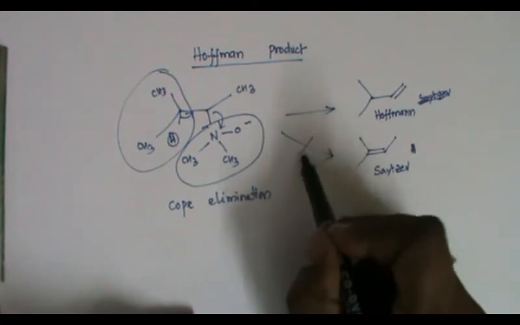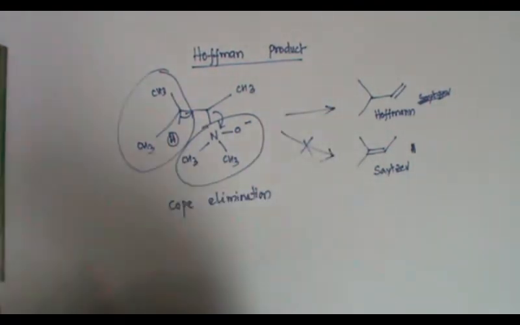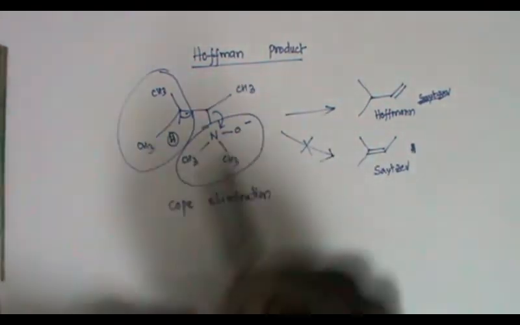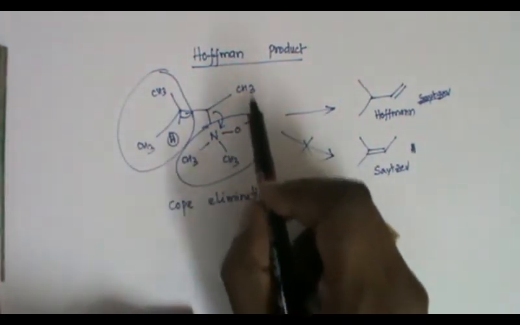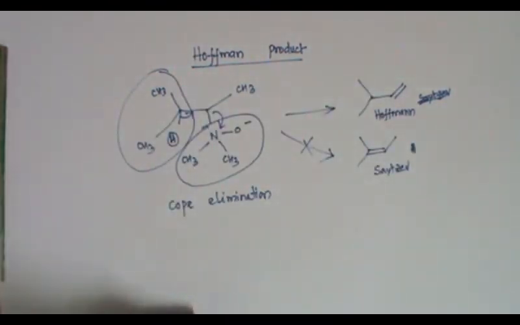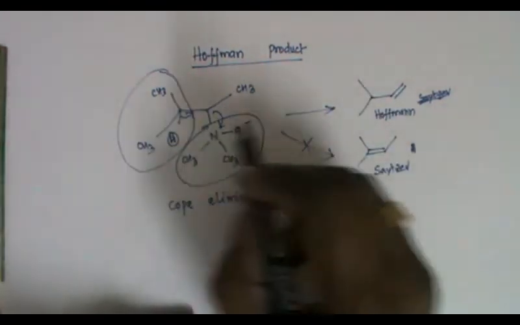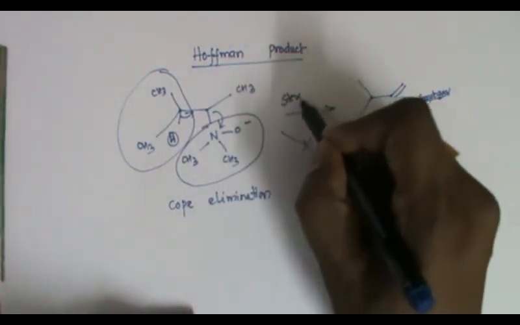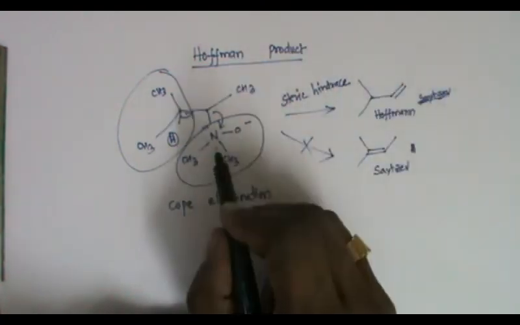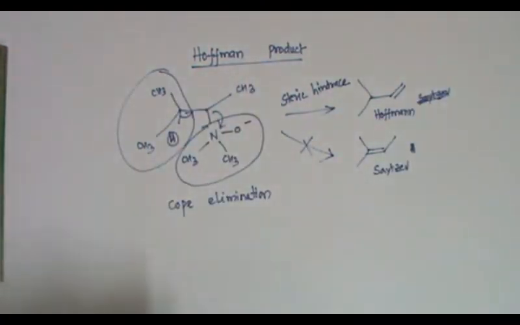So this product may be less favored. On the other hand, this hydrogen is sterically less hindered. So this is abstracted by this O minus and we get this product. So here we go for steric hindrance between the N-oxide and the beta hydrogen. But Saytzeff focused only on the stability of the olefin.